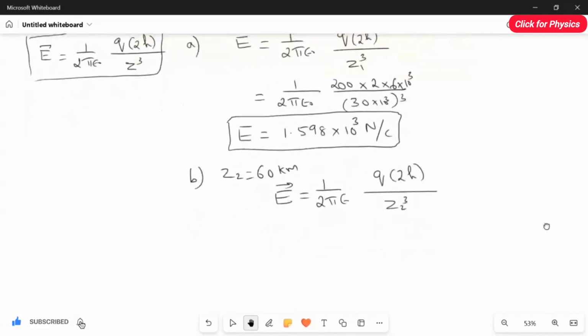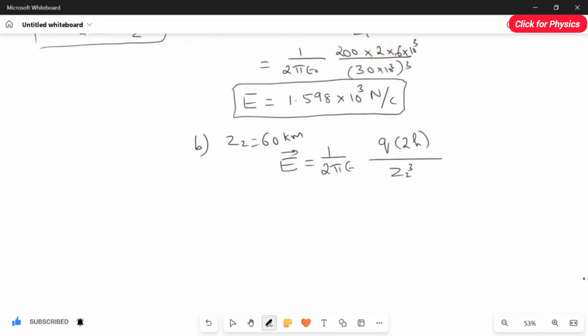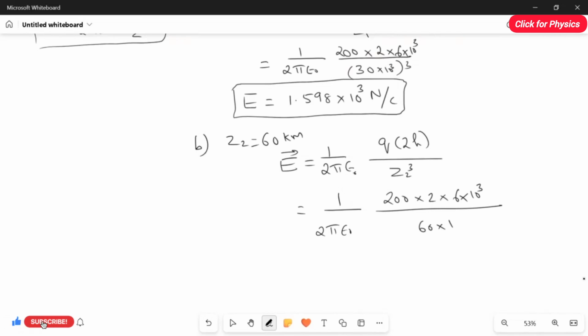So 1 over 2 pi epsilon naught, the charge value is 200 coulomb multiplied by 2, and the h value is 6 kilometer, so 6 multiplied by 10 to the power of 3 meter. We convert the kilometer to meter. Likewise, the z value is 60 kilometers, so 60 multiplied by 10 to the power of 3, the whole cube.